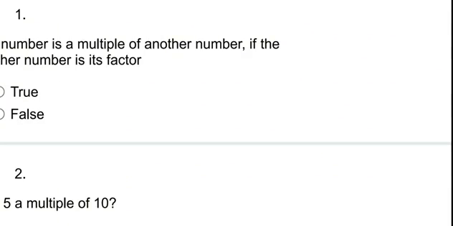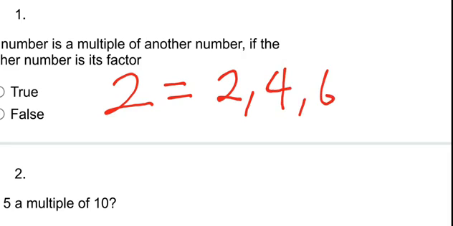In this video we'll be looking at the solutions to the practice questions, and I will start with the first one. It says a number is a multiple of another number if the other number is its factor. For example, multiples of 2 are 2, 4, 6, 8, 10, and so on.